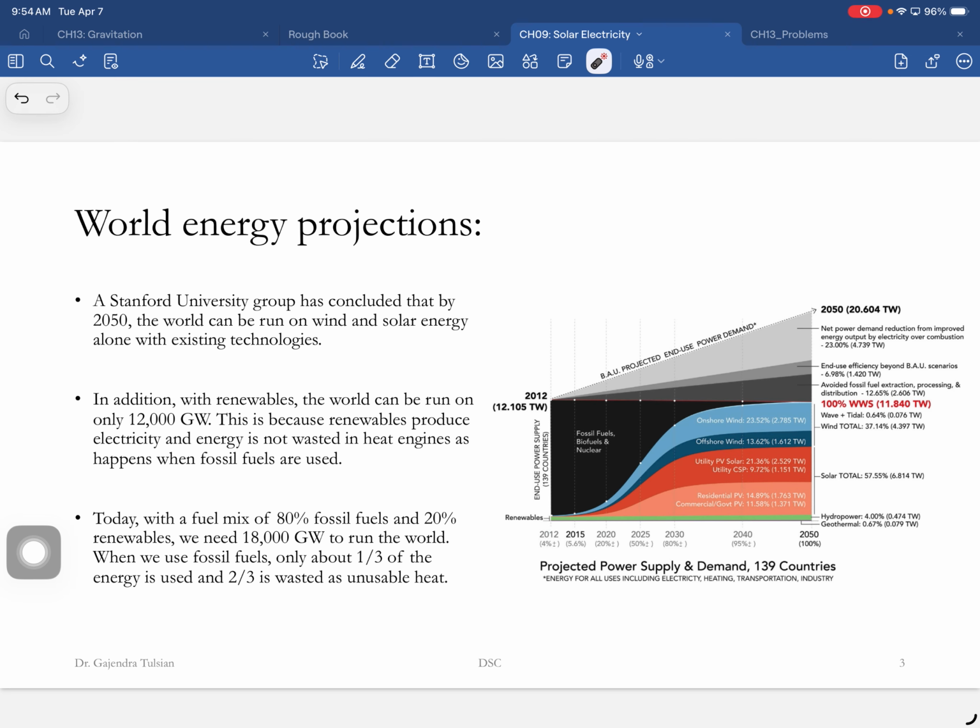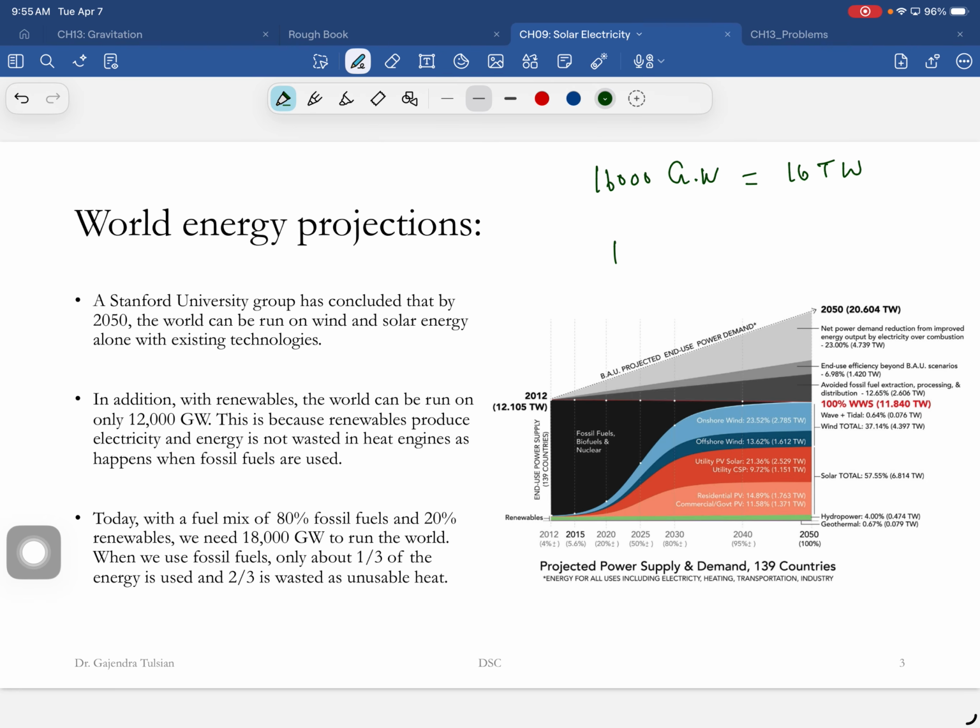In the future, in 2050, 25 years from now, you need less electricity to run the world. Less energy to run the world. Why is that? What's going on? More efficient? Why is it more efficient? No, we're going to be more efficient, so we're going to use less electricity.